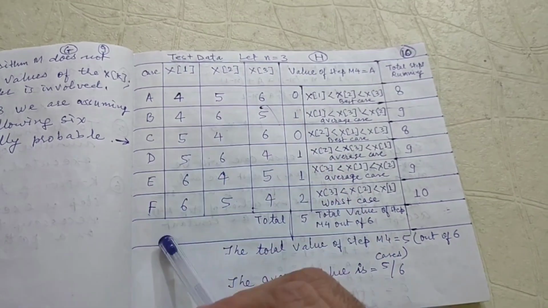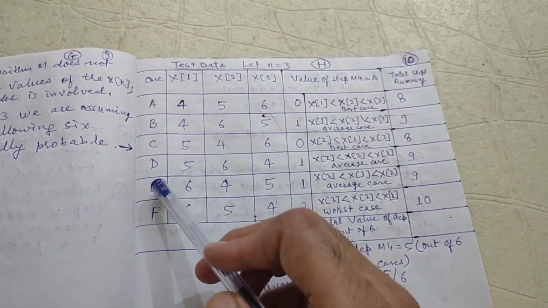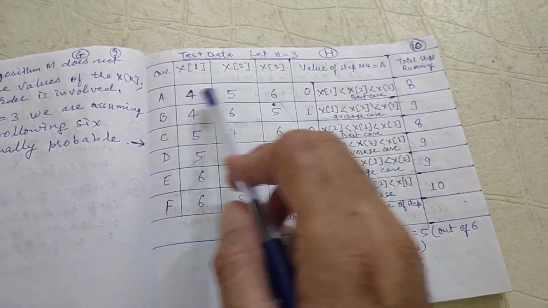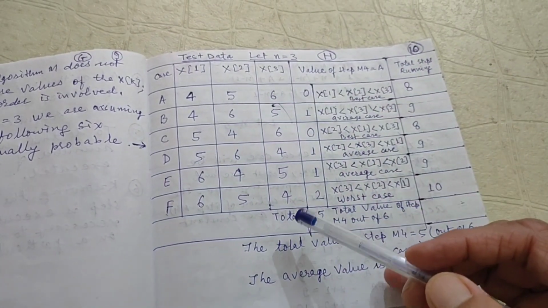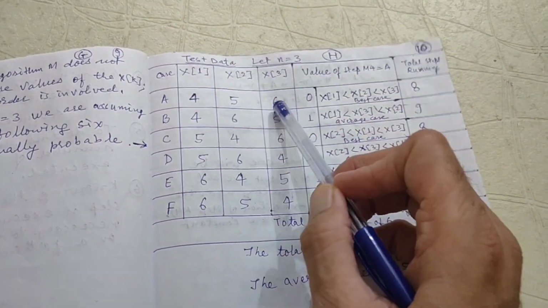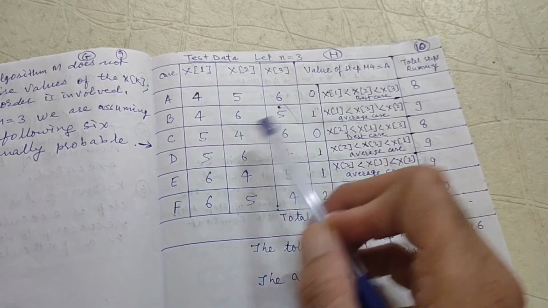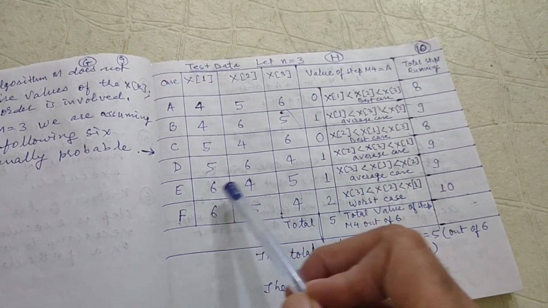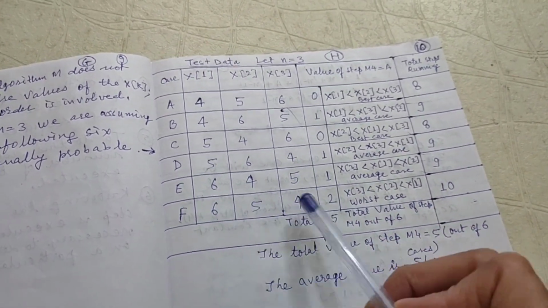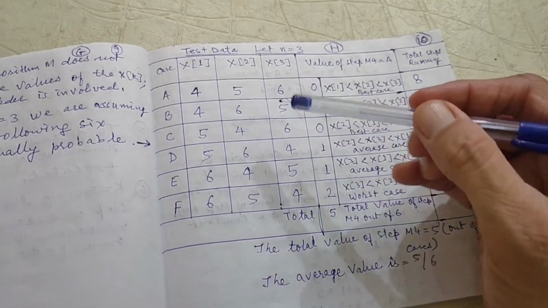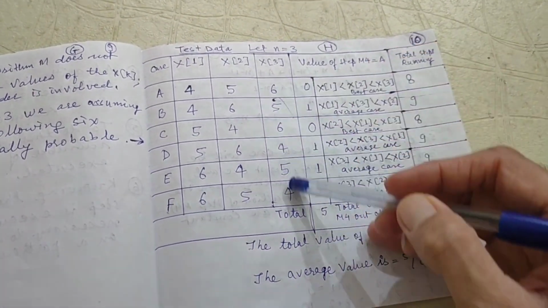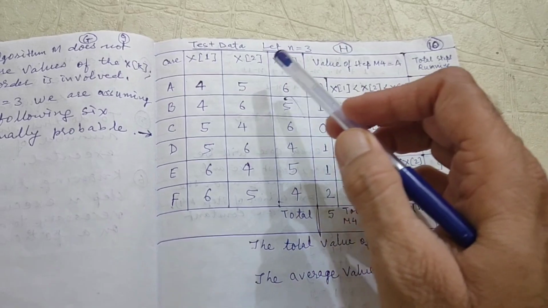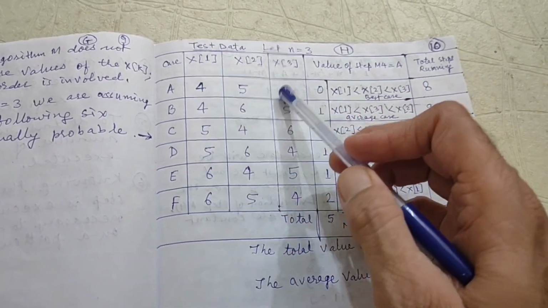Cases are 6 cases: A, B, C, D, E, F. First I have taken 4, 5, 6. 4, 5, 6 can be arranged in 6 ways here: 4, 5, 6; 4, 6, 5; 5, 4, 6; 5, 6, 4; 6, 4, 5; 6, 5, 4. So these are the possible values of x1, x2, x3 in 4, 5, 6.